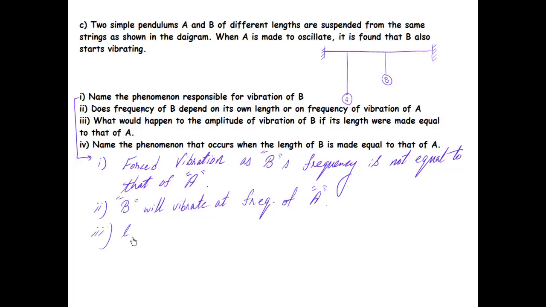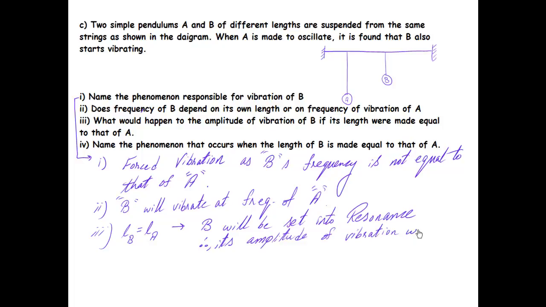So if length of B is made equal to that of A, then B will be set into resonance. And if it is set into resonance, its amplitude of vibration will increase. This is obviously because there will be complete transfer of energy from A to B in such a case.